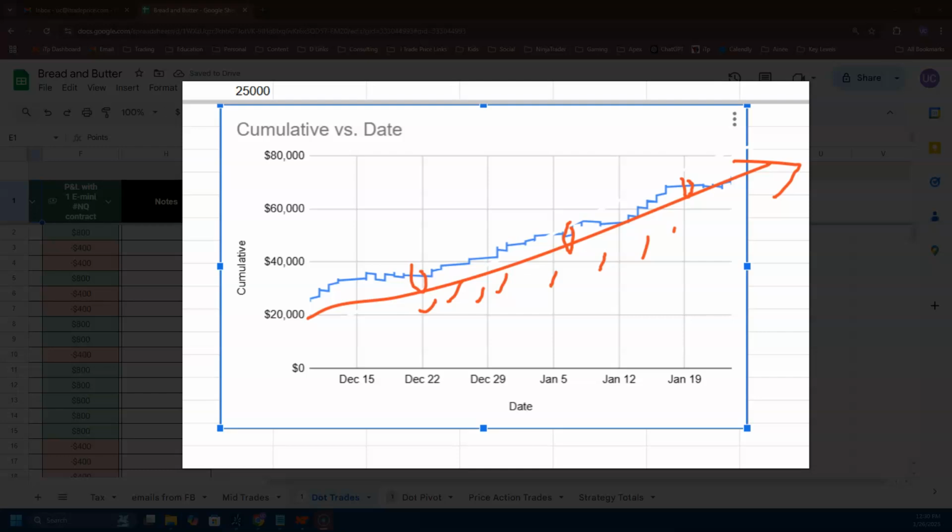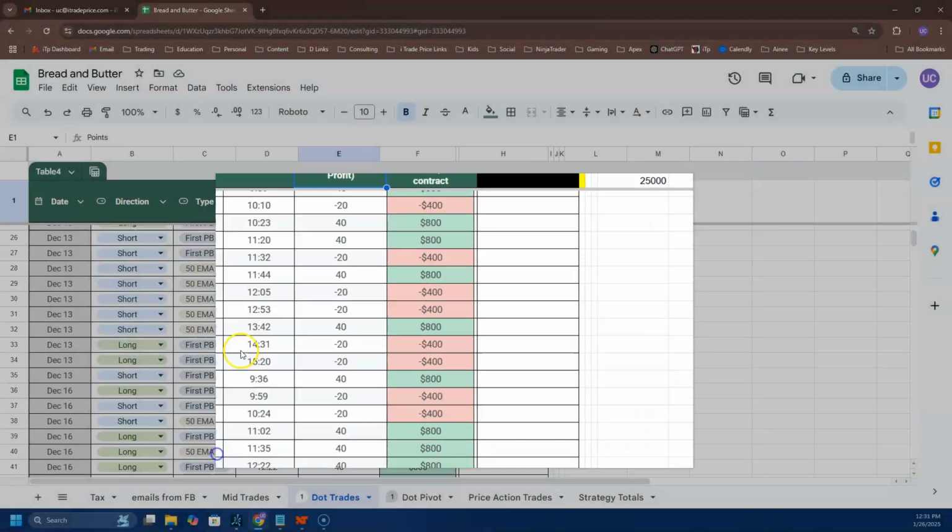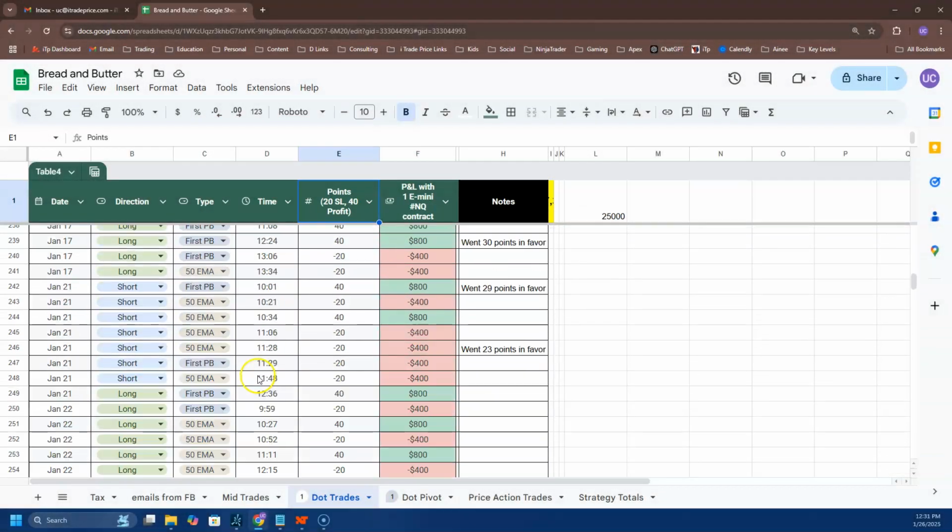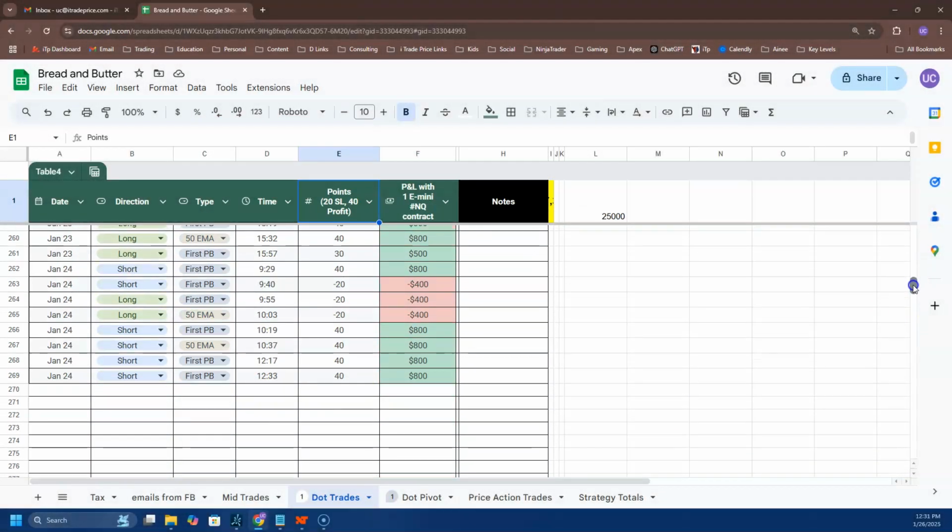That's what it means. And it is possible that during that day, let's say if you go to January 24th, this last one, you did not take the first two setups. That could be possible. You were busy, you were outside, and you started trading from 9:30 onwards, and this was the first trade after 9:30.